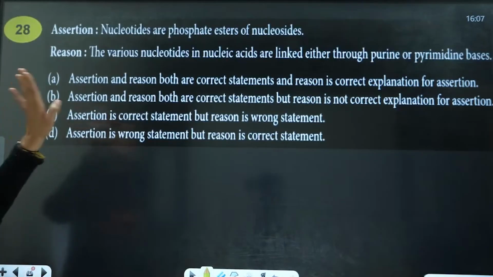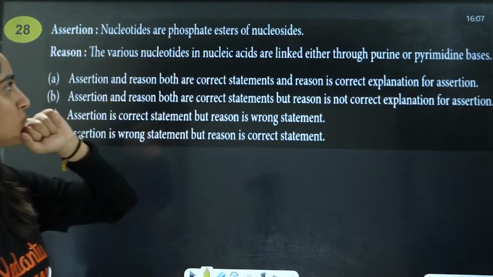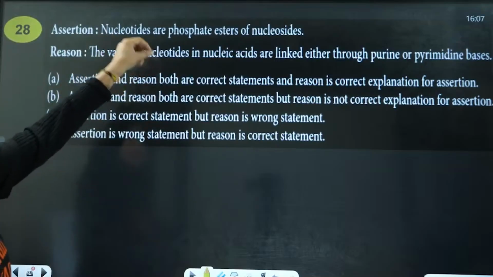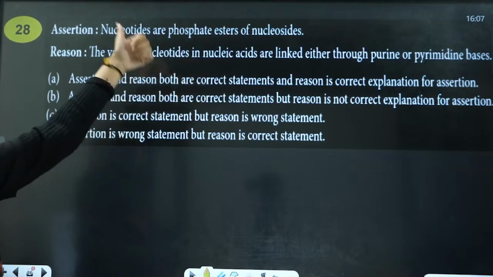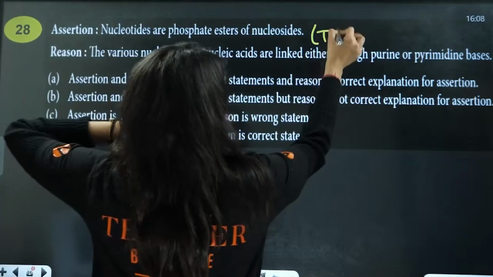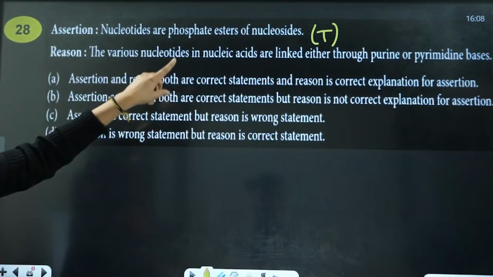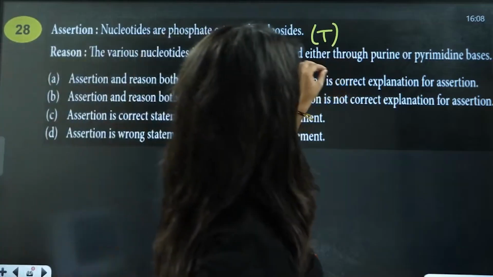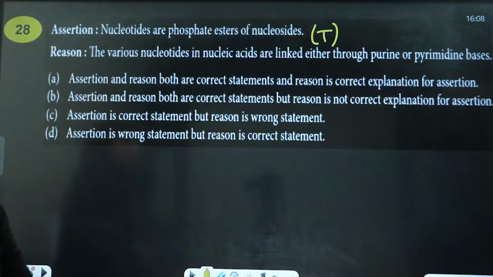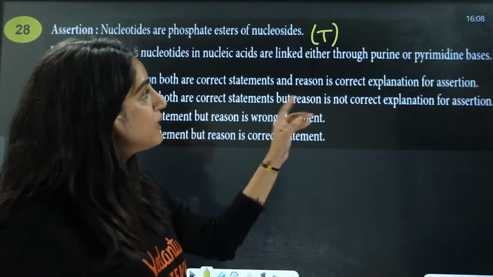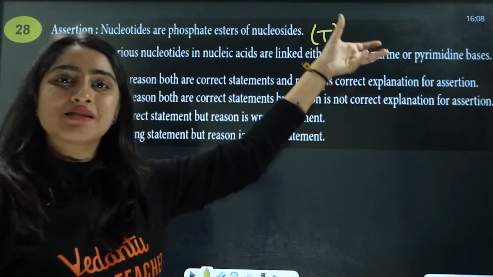Next we have, nucleotides are phosphate esters of nucleosides. Nucleoside plus phosphate group is nucleotide. That is true, right? Various nucleotides in nucleic acid are linked through either purine or pyrimidine. Nucleotides are not linked through pyrimidine or purine. These are the bases, right?